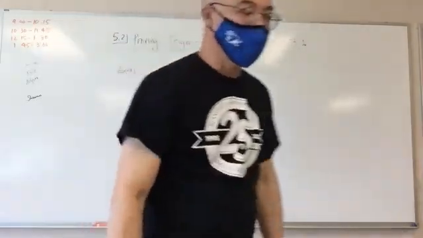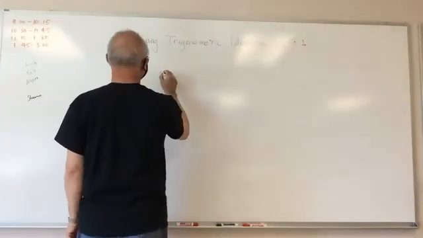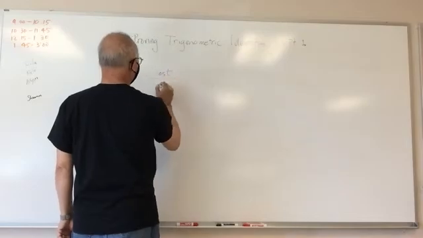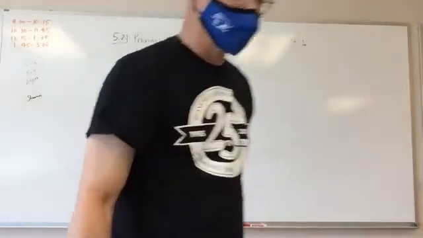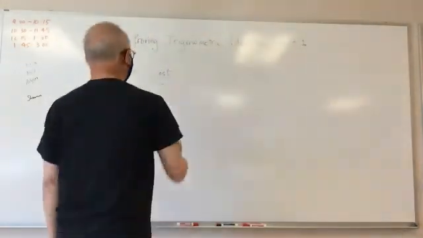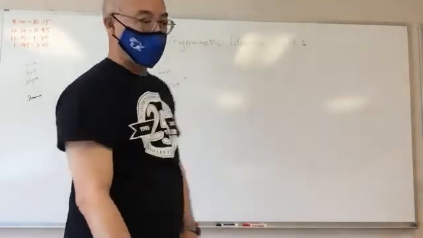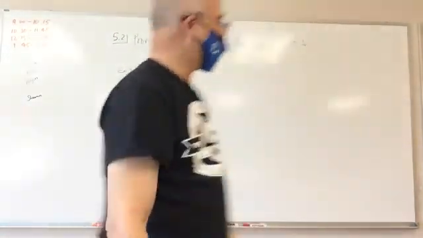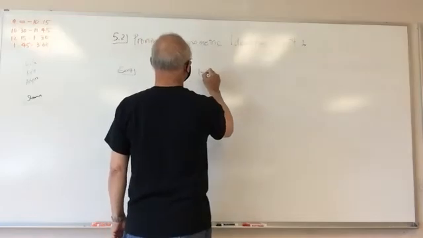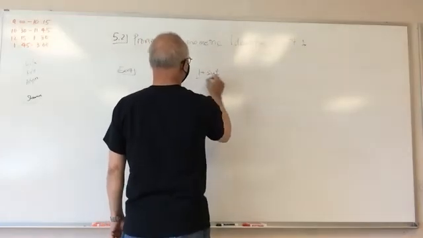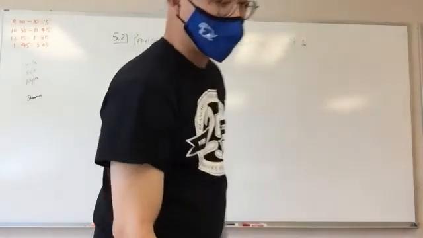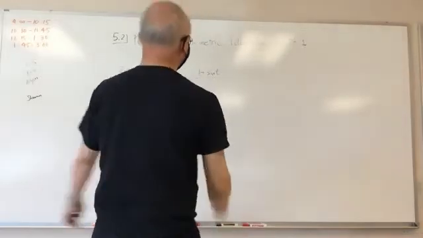Example number 4: cosine t over 1 minus sine t is equal to 1 plus sine t over cosine t.